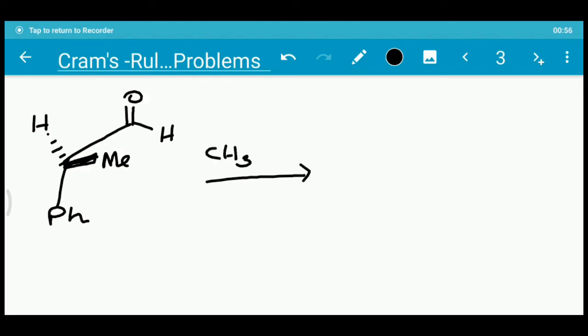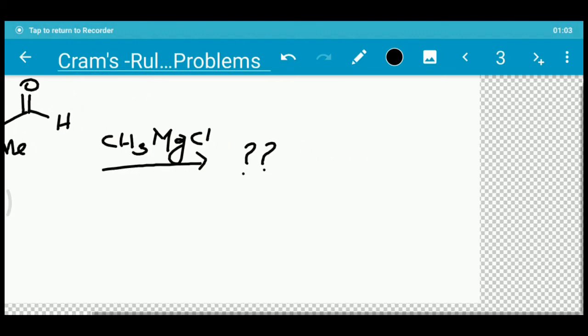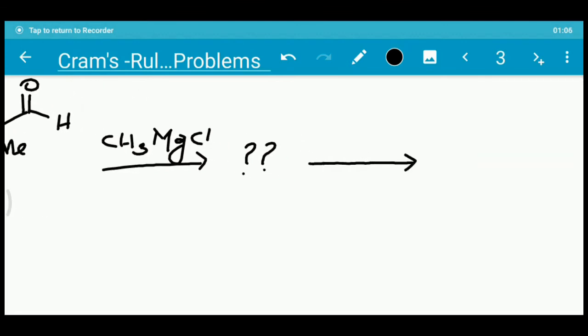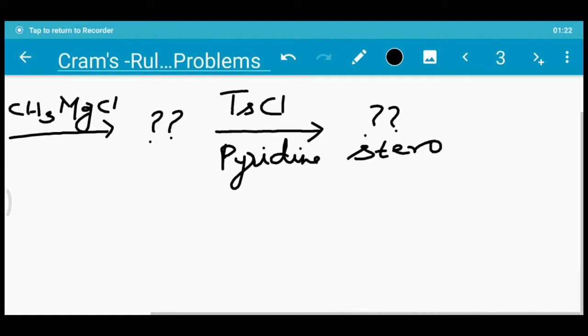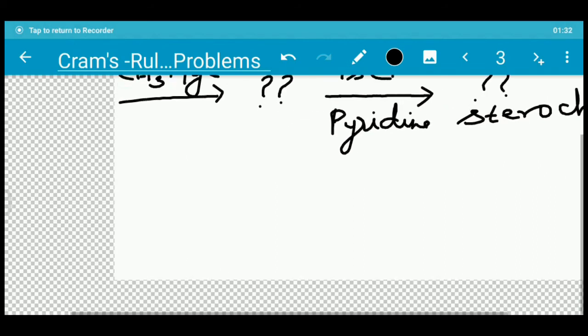Next, this reactant molecule undergoes a Grignard addition using methyl magnesium chloride. So you will get a product, which is followed by a reaction with tosyl chloride in the presence of pyridine. And finally, we have to find out the stereochemistry of this product, and we have to identify which will be the major product.